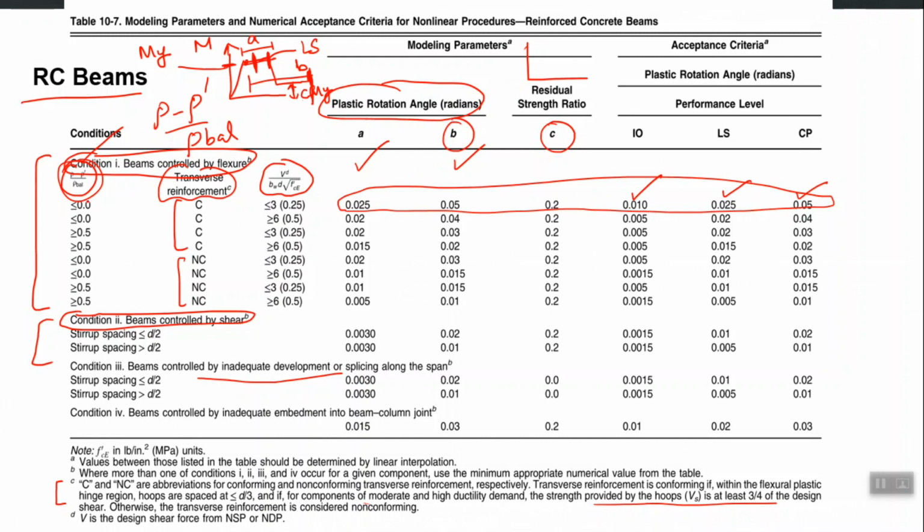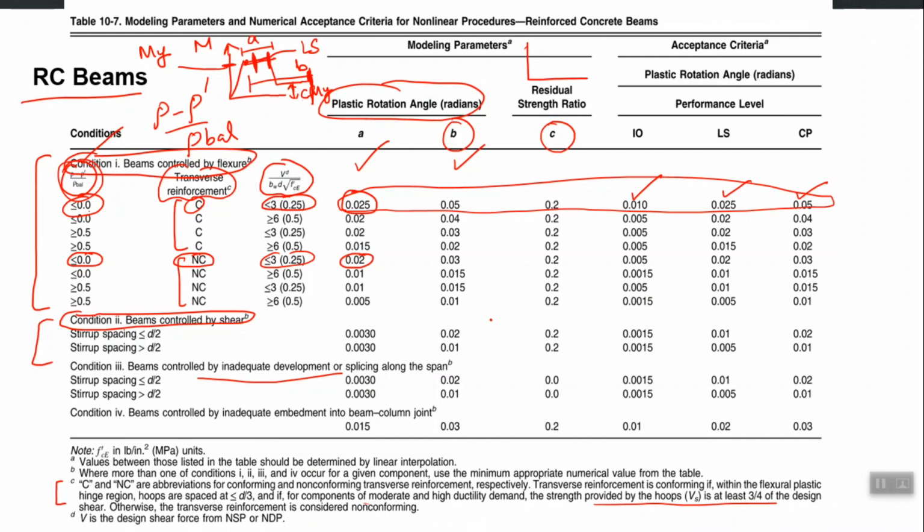For example, if the other two conditions are kept constant, less than 0, less than 3 and conforming, small a is 0.025, but if again less than 0 and less than 3, but now the shear reinforcement is non-conforming, the capacity is reduced to 0.02, right.